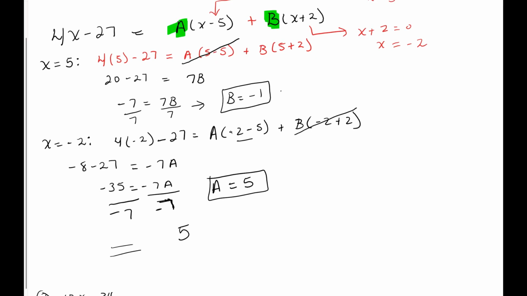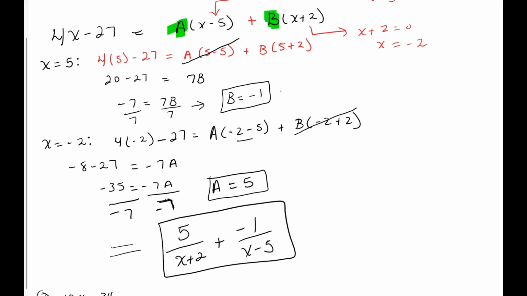A is 5, so we write 5 over x plus 2 plus negative 1 over x minus 5, and this is what our partial fraction decomposition looks like in the case of distinct linear factors.